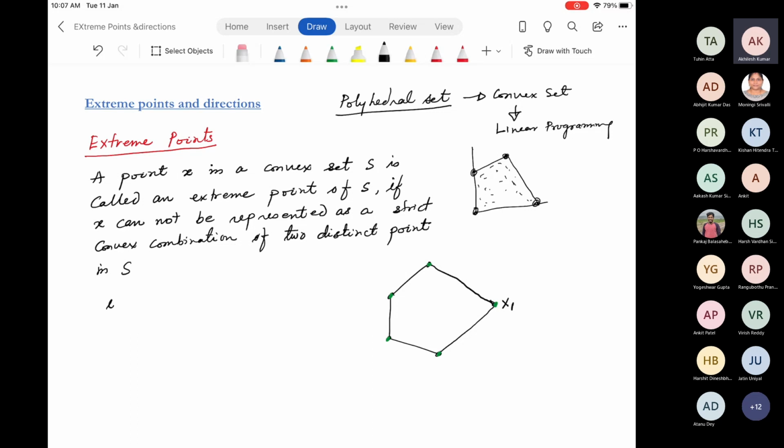Mathematically, suppose x equals lambda x1 plus 1 minus lambda x2, the way we represent the convex combination of points in a convex set, with lambda belonging to 0, 1 and x1 and x2 belonging to set S. Then it is an extreme point only if x equals x1 equals x2. That means it cannot be described as a combination of two distinct points.